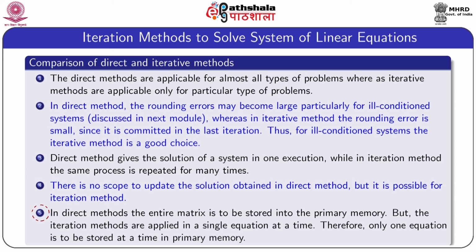So, from this analogy we can conclude that the iteration method is better than the direct method, but the iteration method is not applicable for all kinds of systems of equations. If the iteration method is applicable for a particular system of equations, then it is better than the direct method. In this module, we have discussed two iteration methods: one is called Gauss-Jacobi iteration and the other is called the Gauss-Seidel iteration method.